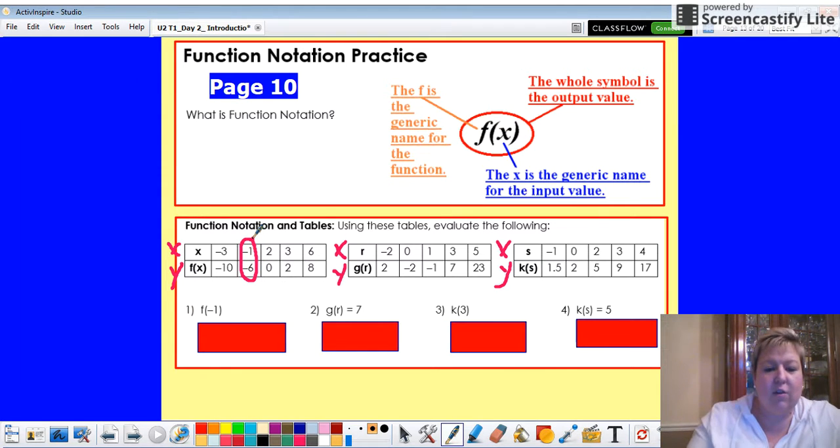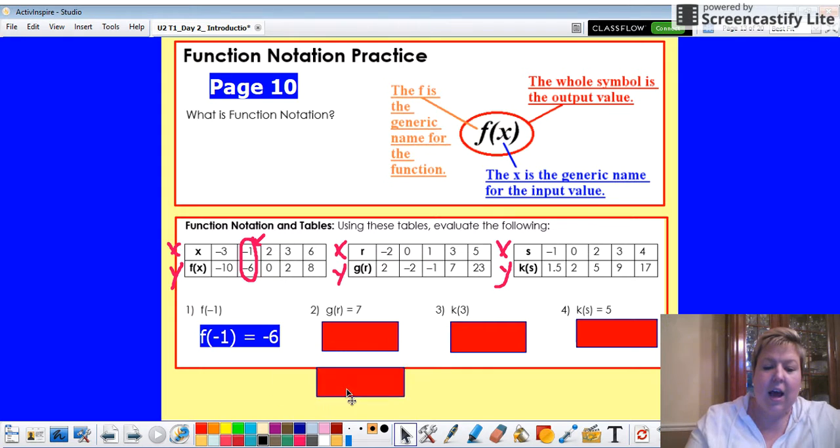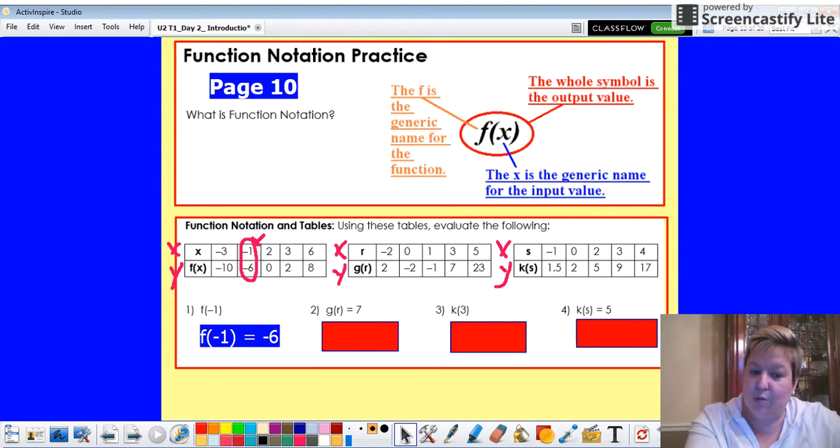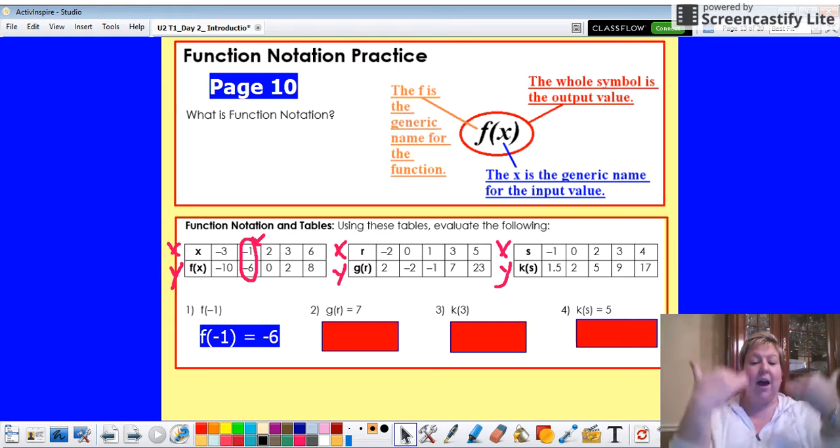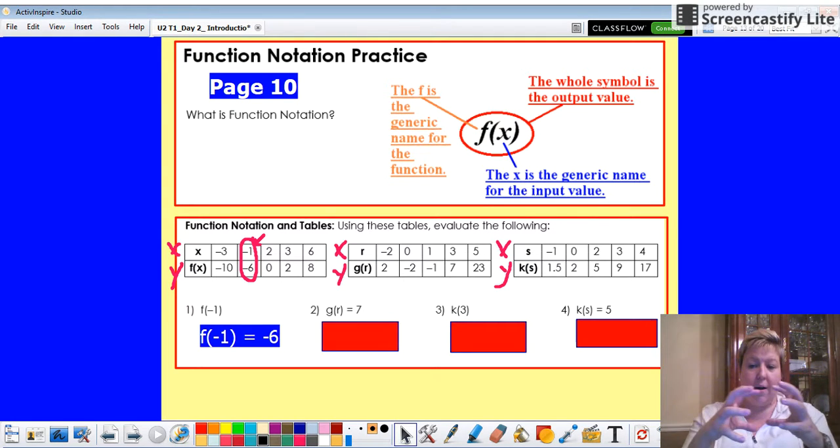Here's where my value of x is -1. And what I'm being asked is, what is that y value? So to write it out, I literally just write out f of -1 is equal to -6, because you can see when the input is -1, the output, or what's coming out of it, that whole output value is -6.